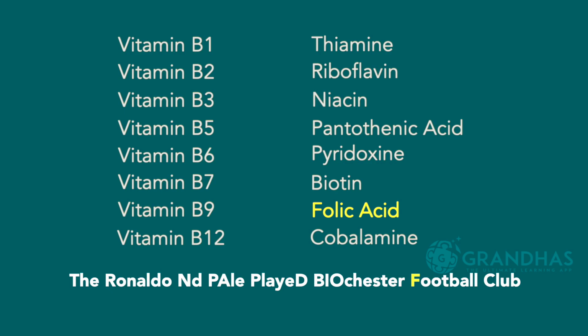Football, folic acid, and club, cobalamin. So how can we remember? The Ronaldo and Pele played Bio-Gestor football club. So thiamine, riboflavin, niacin, pantothenic acid, pyridoxine, biotin, folic acid and cobalamin. Now all 8 B complex vitamins are in your hand.